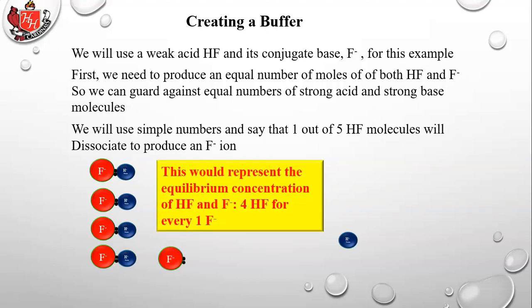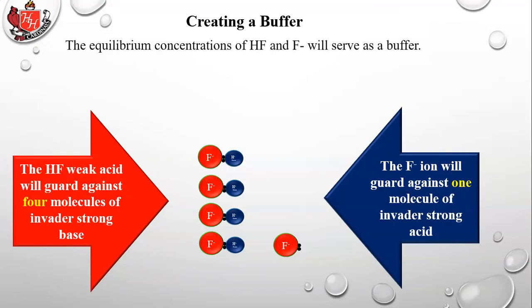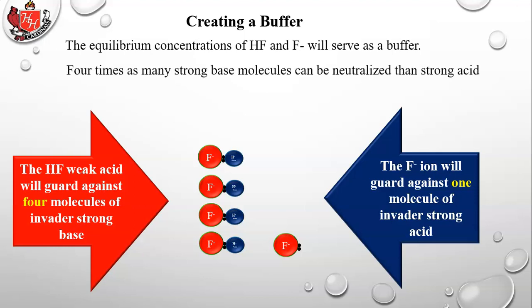So this would represent the equilibrium concentration in this example, not in the real world, of hydrofluoric acid and the fluoride ion. You have 4 hydrofluoric acid molecules for every 1 fluoride ion. So the equilibrium concentrations of hydrofluoric acid and fluoride will serve as a buffer. 4 times as many strong base molecules can be neutralized as strong acid.